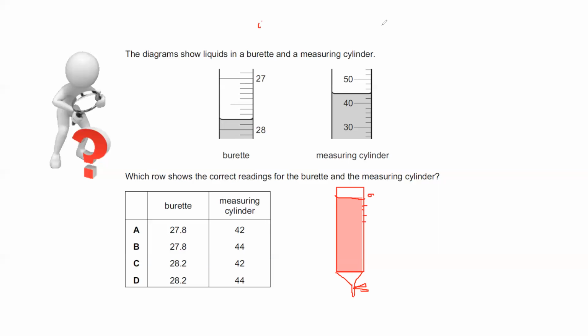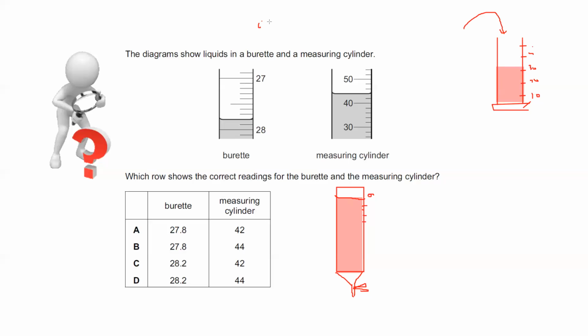For a measuring cylinder, the opening is at the top, so we have 10, 20, 30, 40, and 50. We add a liquid, and how much liquid is added we can identify by reading the scale.